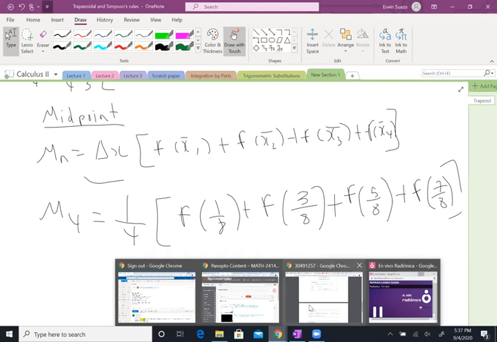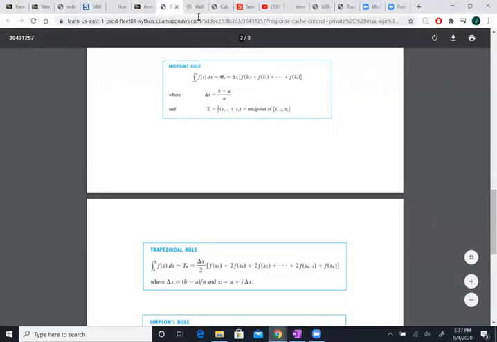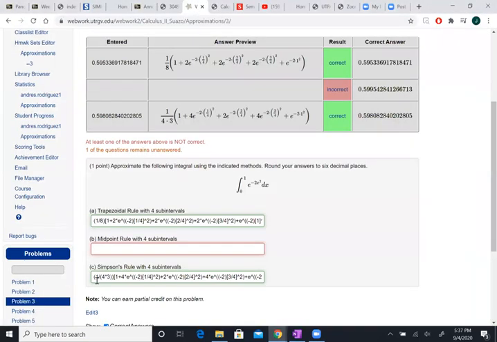I can use what I have done before in WebWork to save some time and avoid some typos. So I'm going to copy paste here. The first one is 1/4, right? You can enter it the way you want.